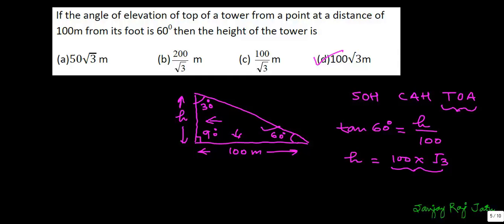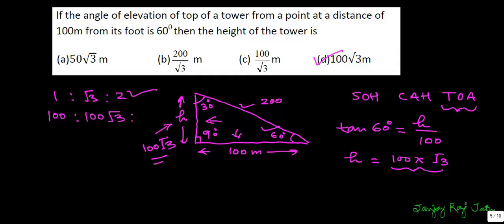And if the side opposite to 30 degree is 100, then the side opposite to 60 degree is going to be 100 root 3, because we need to maintain a ratio of 1 : root 3 : 2, and naturally this side, which is not in question, is going to be 200. So this is 100 root 3 by using this ratio also.